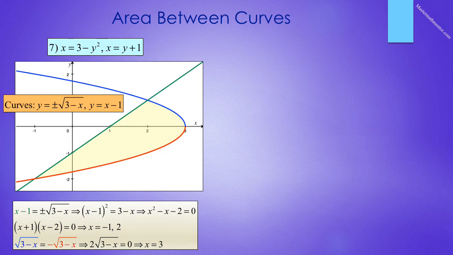Let's find where the curves intersect. We set our green line, x minus 1, equal to plus or minus the square root of 3 minus x. And when we square both sides, we realize that no matter whether we had used positive or negative square root of 3 minus x, the right side of our equation will still be 3 minus x.